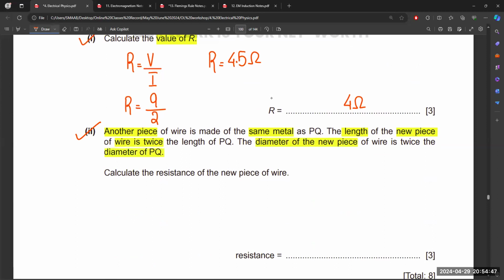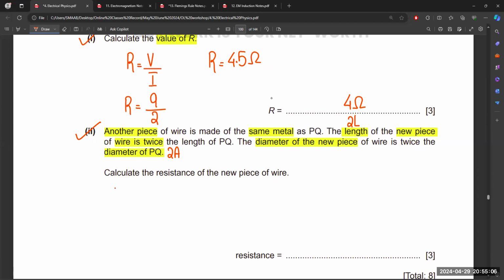So diameter is double, length is double: 2 times length, 2 times cross-sectional area. Now calculate the resistance of the new piece of wire. Resistivity is the same.